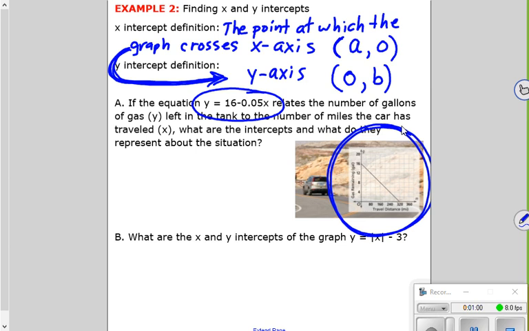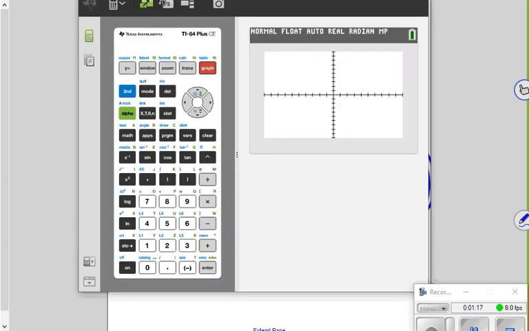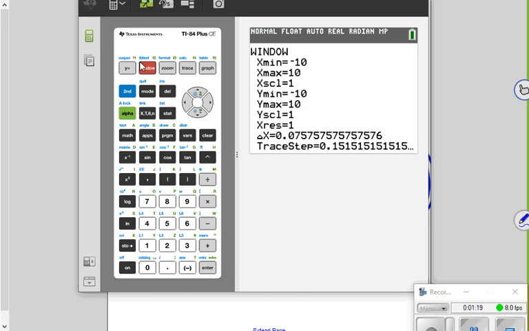Since the book has a scale, it looks like it goes from 0 to 20 on the y-axis, and from 0 to 360 on the x-axis. Okay, that should work. We'll press window and make our calculator match the window that the book has.